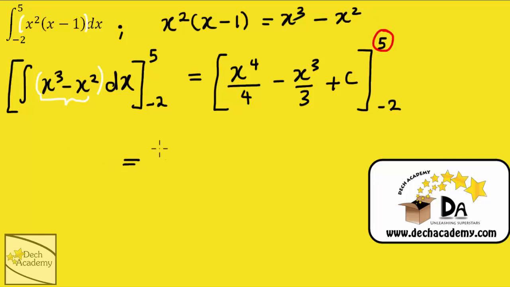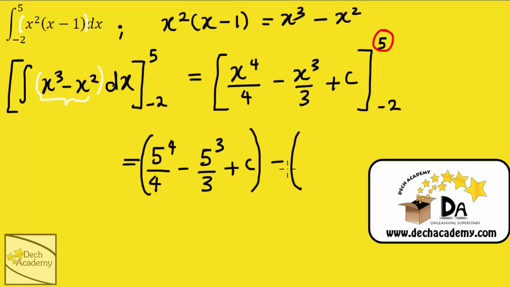Doing that gives 5 to the 4 divided by 4 minus 5 to the 3 divided by 3 plus c, minus, now I'm going to replace x with the lower limit, which is minus 2. So that gives minus 2 to the power of 4 divided by 4 minus 2 to the power of 3 divided by 3 plus the arbitrary constant, all in a bracket.